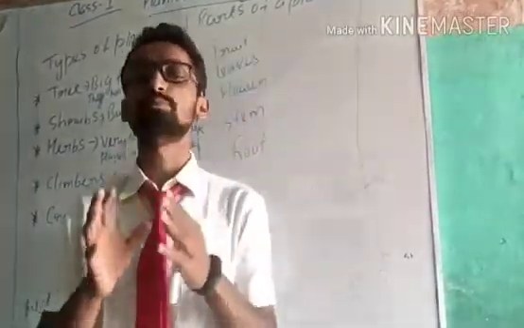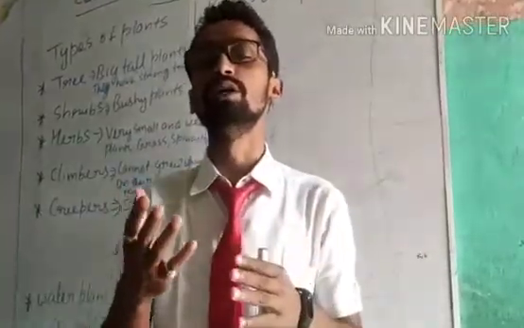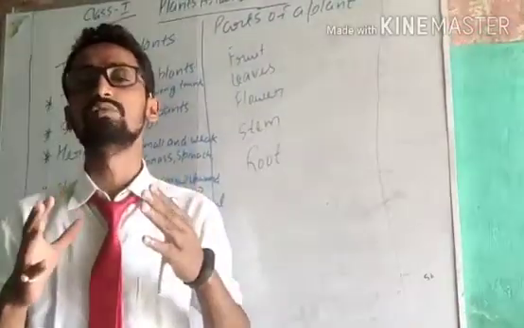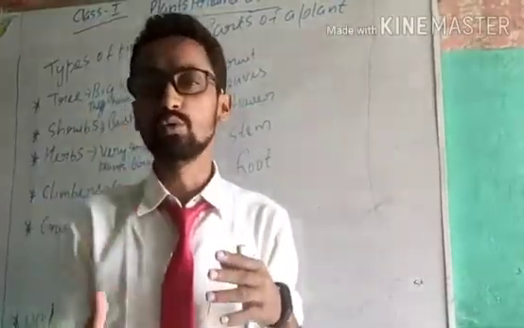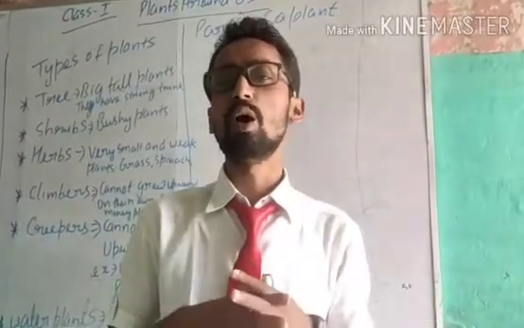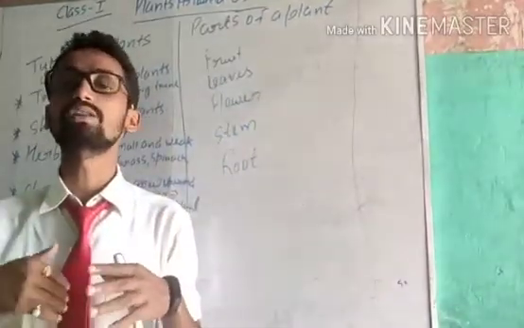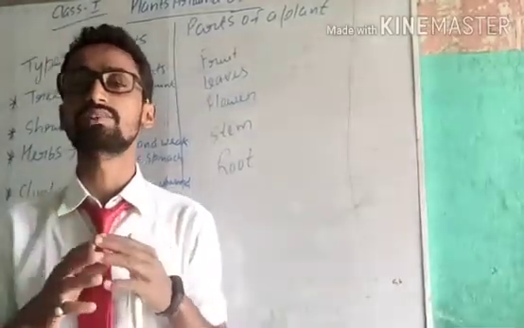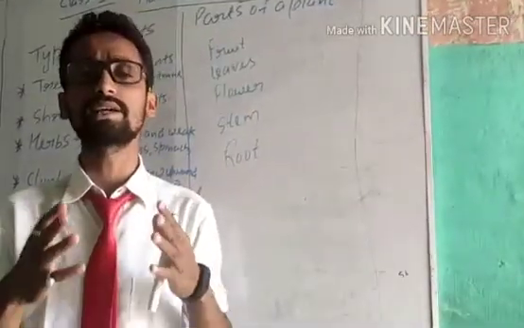Some of the food prepared by the plant is utilized by the plant, but the rest is stored in their root, leaves, etc. And they give us oxygen gas. Oxygen is a very essential gas because we depend upon oxygen. Without oxygen we cannot survive on the surface of the earth.